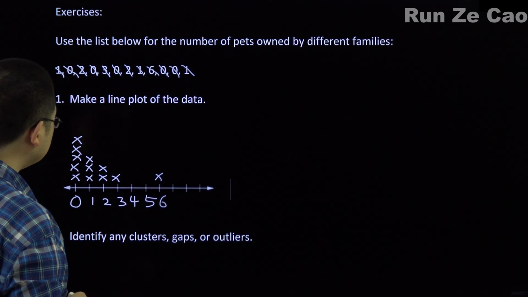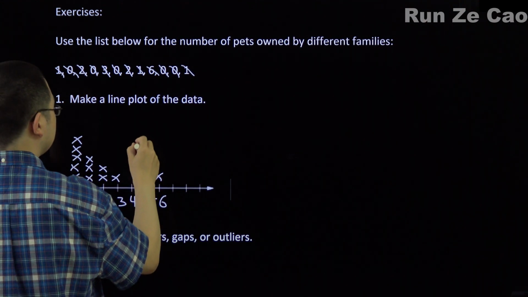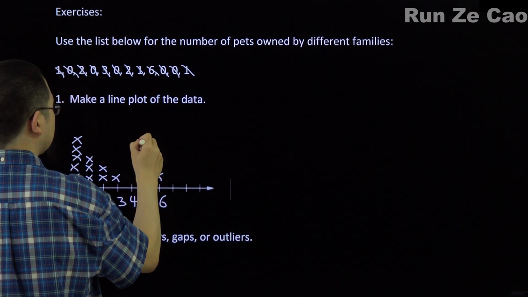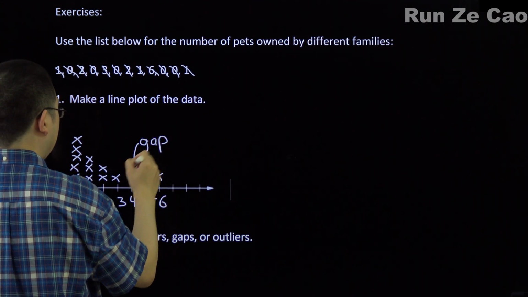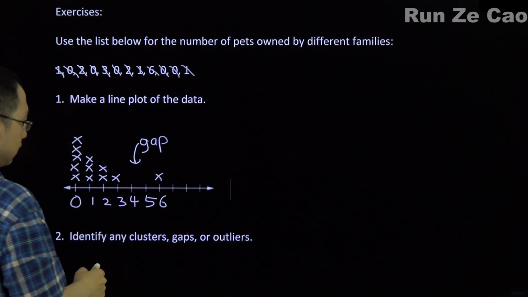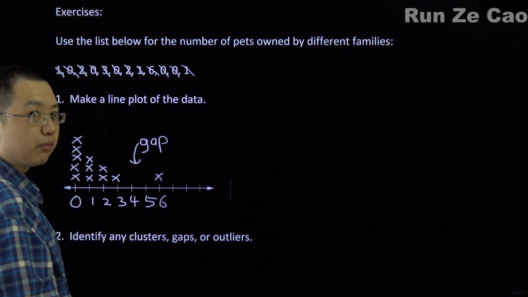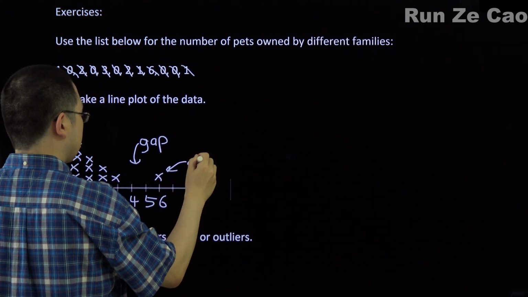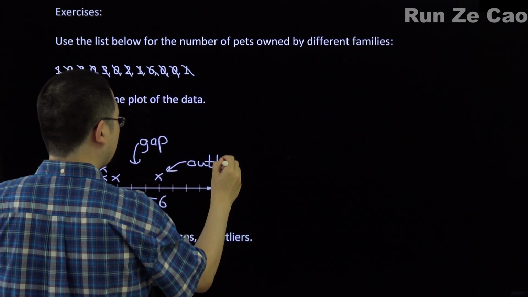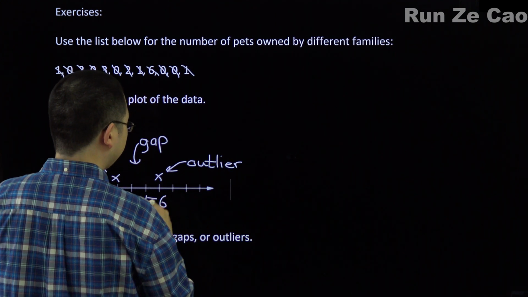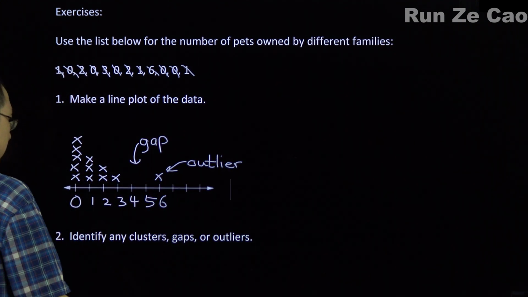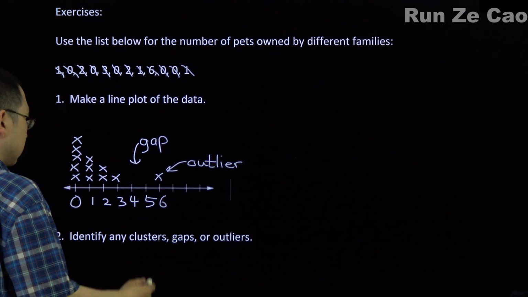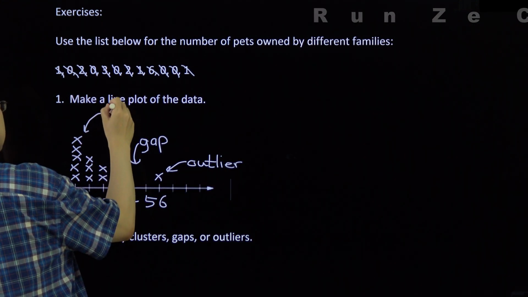So identify any clusters, gaps, or outliers. You'd be like gap at 4 and 5, or because you have a diagram, you can just point it out. Outlier is a data point, for our purposes, that is distant from the rest of the data on either end. Clusters, well, there's a cluster right here.